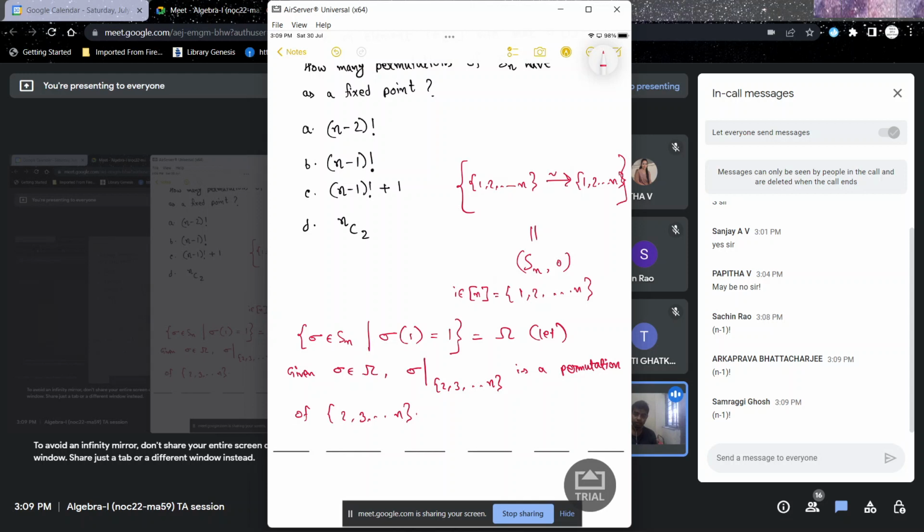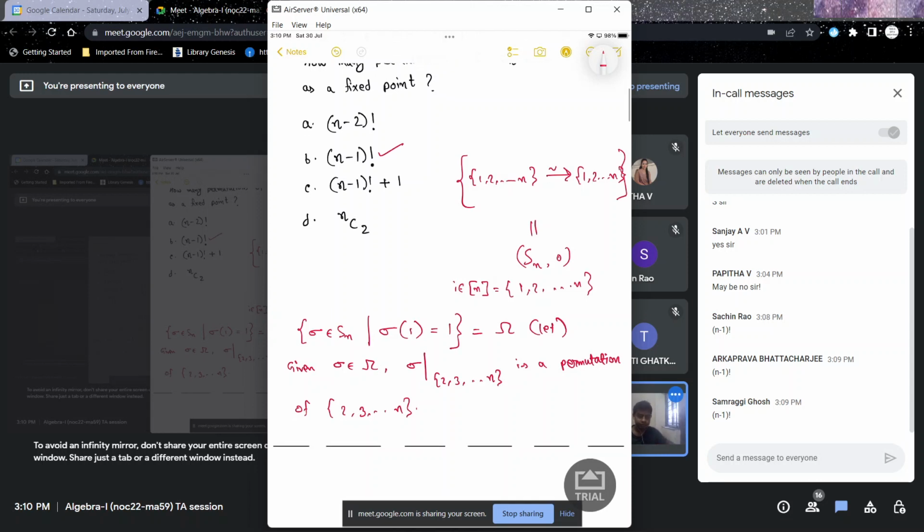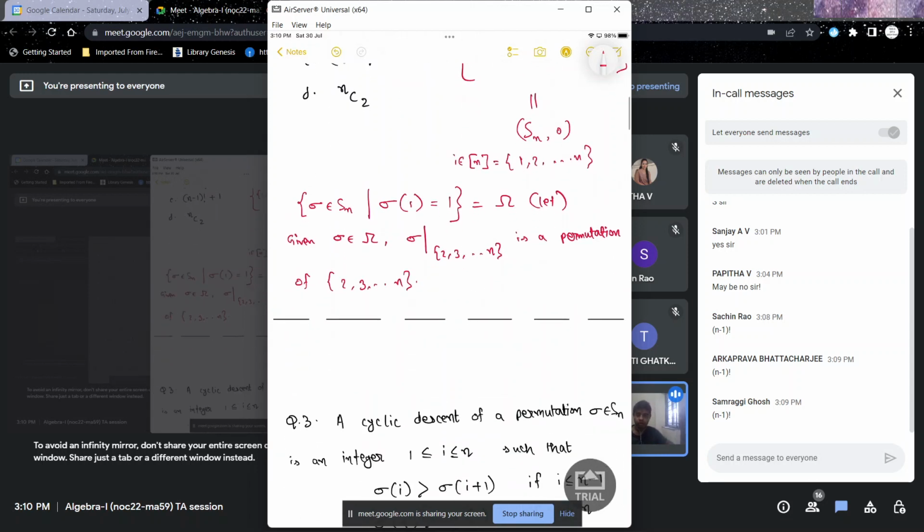In other words, it has the same cardinality as the number of permutations of n minus 1 symbols, and you know that number is n minus 1 factorial. So n minus 1 factorial will be the answer.